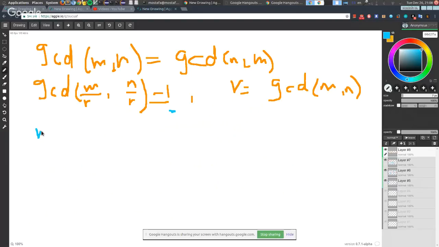We also have this notation. M and N are co-primes if the GCD between them is equal to 1.